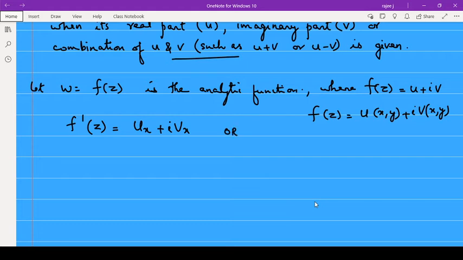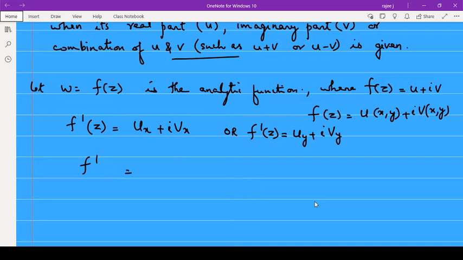Or if we do that with respect to y, then it is uy plus ivy. Either of these you have to do, not together. You cannot write f dash z as ux plus ivy, because here we are differentiating one with respect to x and the other with respect to y, so that is not possible.